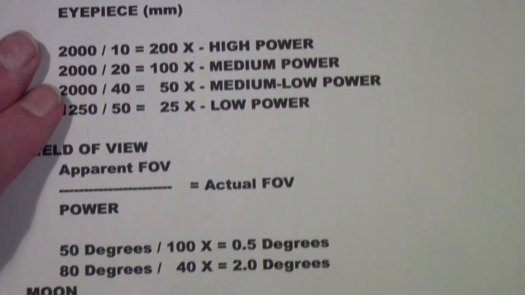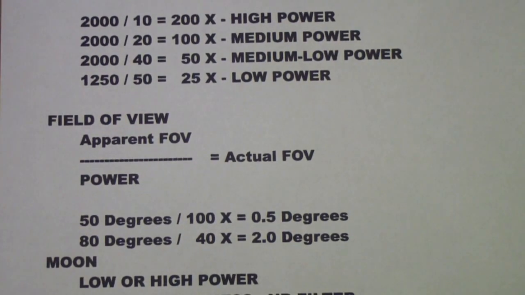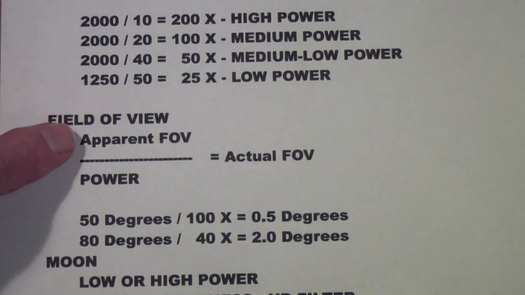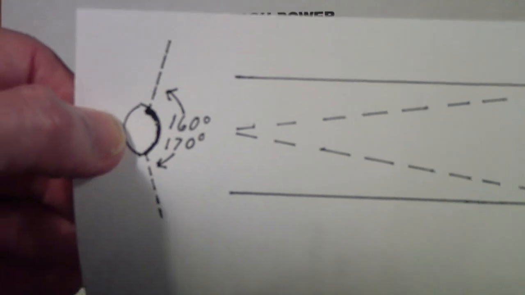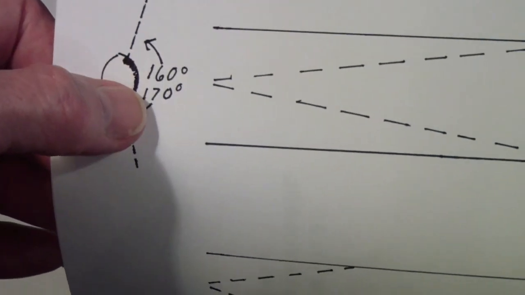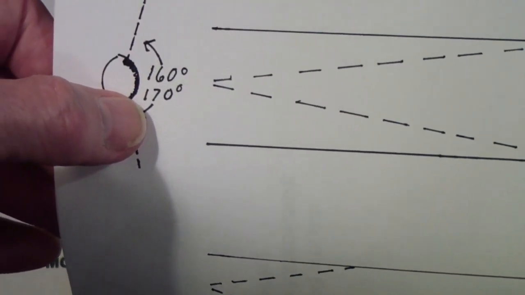Now let's talk about another thing that's important called field of view. Every eyepiece has an apparent field of view. If you remember, when we were looking here at the eyeball, the apparent field of view of your eyeball is probably 160 to 170 degrees.